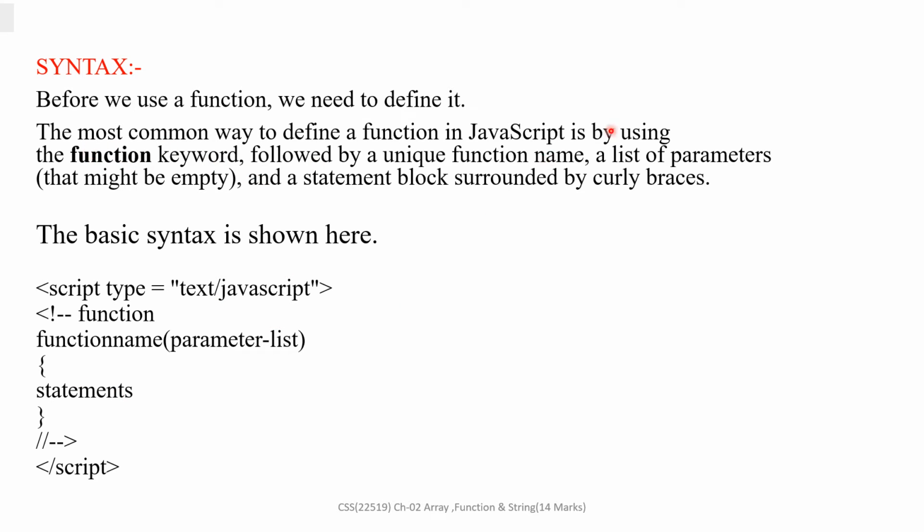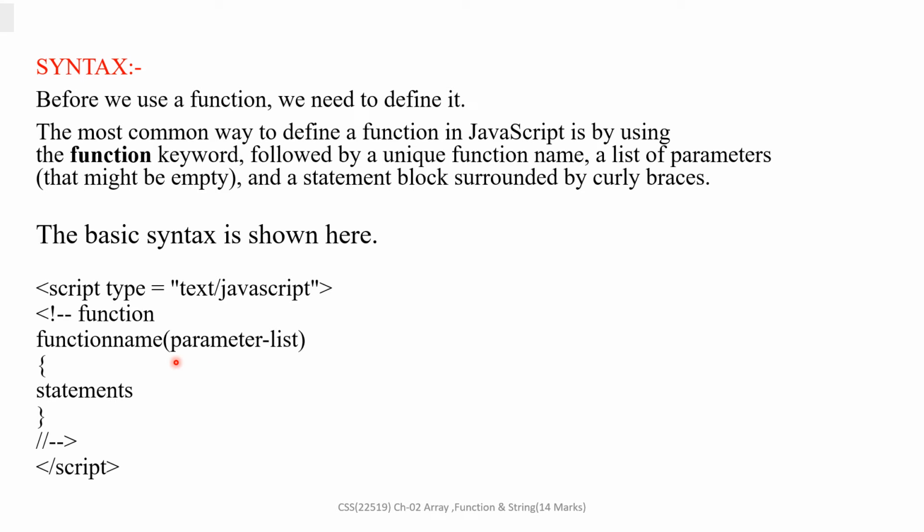In JavaScript we have to use the function keyword while defining a function. A JavaScript function is defined with the function keyword, followed by the name, and it is followed by parentheses. Yes, these are the parentheses.